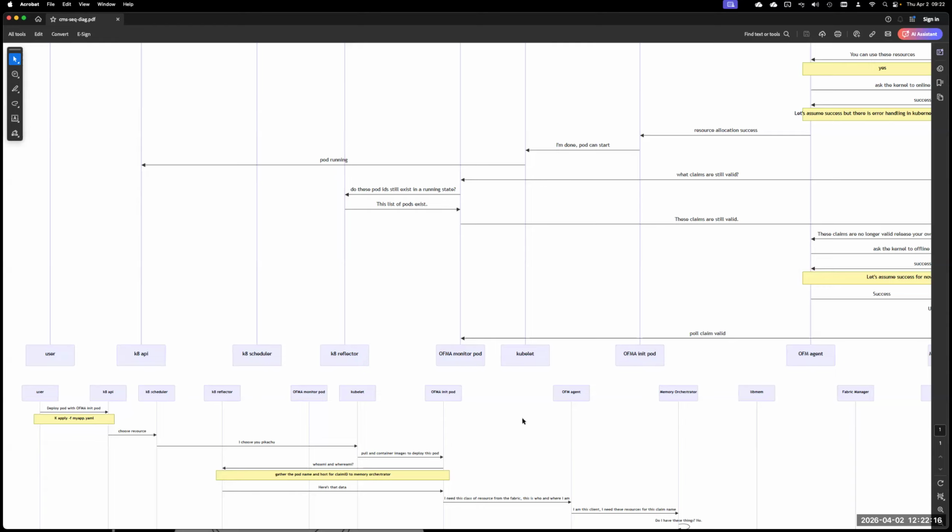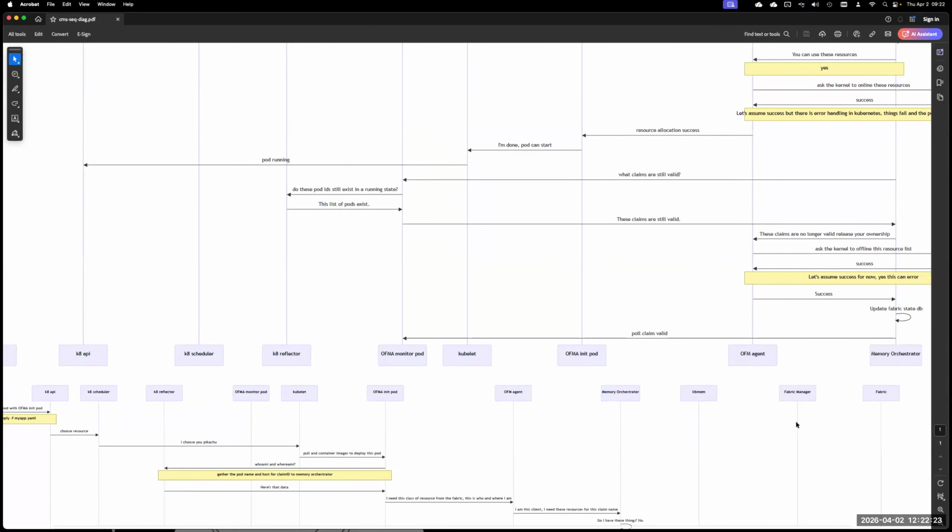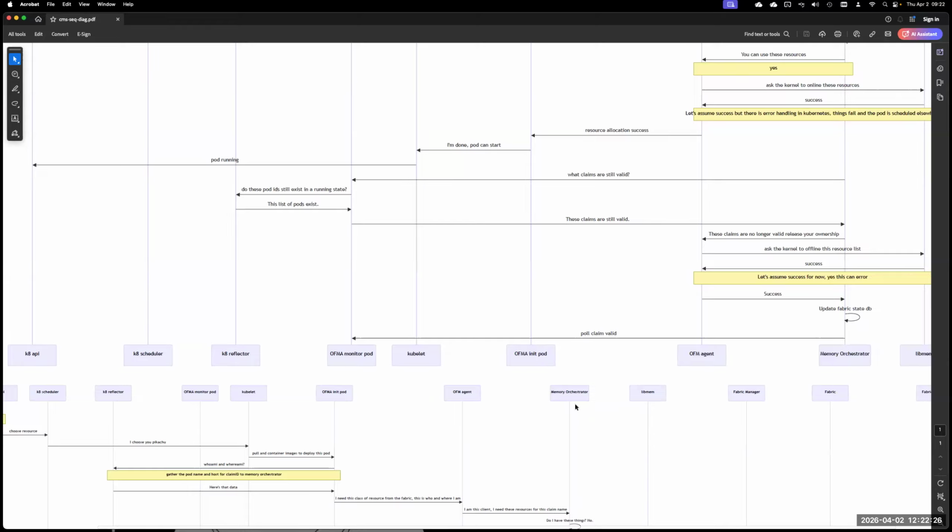That's what the OFM agent, the OFM monitor pod, and the memory orchestrator were for: they sat there and did the CXL orchestration bits on behalf of the core Kubernetes scheduler. And that's just how it should work in Kubernetes. Kubernetes doesn't at this point need to adopt CXL semantics, because CXL is not mature enough for the Kubernetes community to consider that.